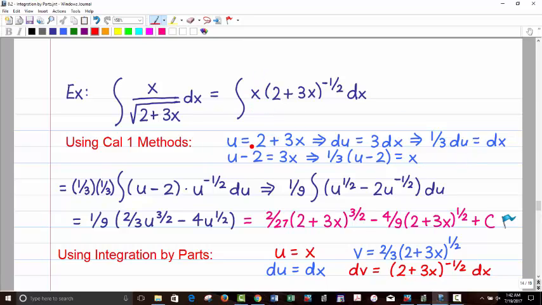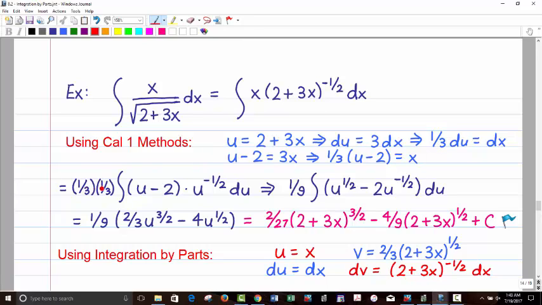You get that x by solving u equals 2 plus 3x for x. Just do it algebraically: move the 2 over, divide by 3, you have 1/3 of u minus 2. That equals x. Perfect. So you put this in here. There's u minus 2, with the 1/3 on the outside, and the other 1/3 comes from that du.